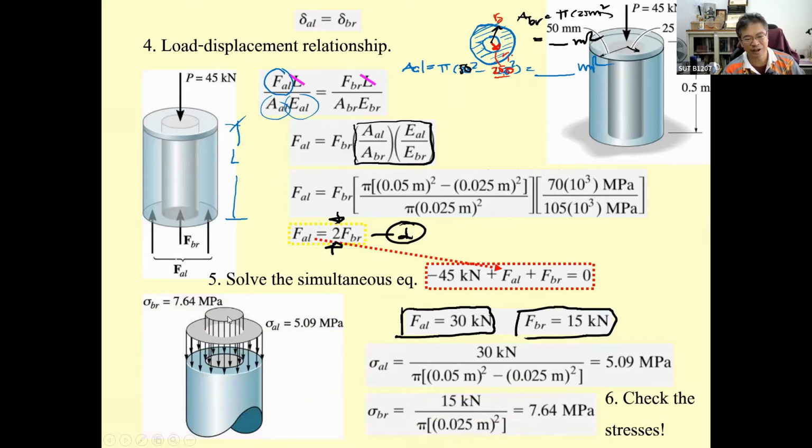You will see the stress occurring in the brass is 7.64 megapascal, larger than in the hollow aluminum section, 5.09 megapascal. Even though the force in aluminum is larger, the stress must be divided by the area.